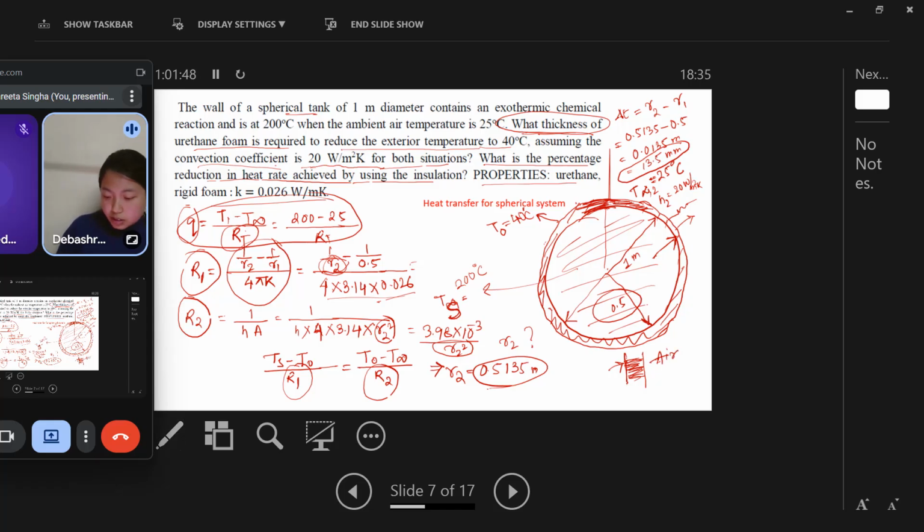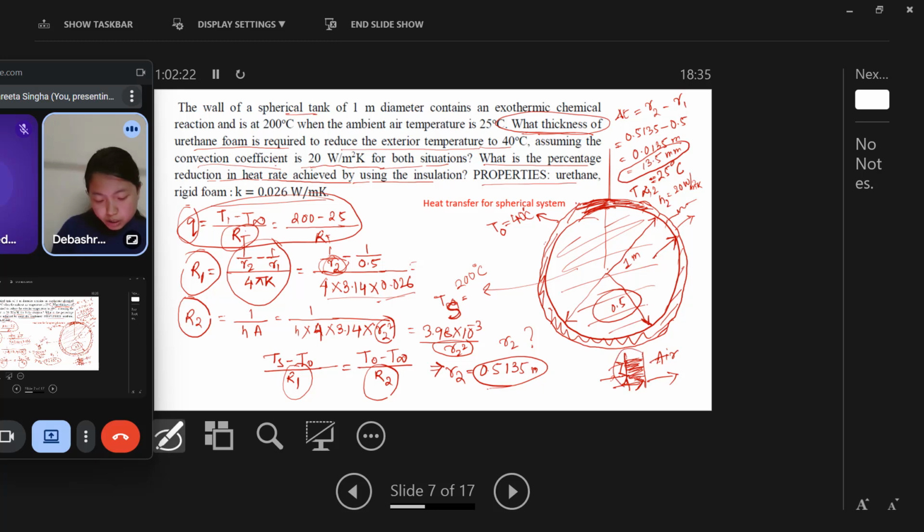So what it is said is that whatever heat is getting transferred inside the insulation, that heat is getting transferred to the air. Okay, the same heat is getting transferred to the air. There is no heat loss in that.